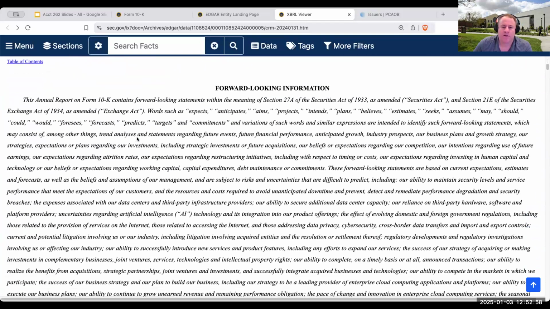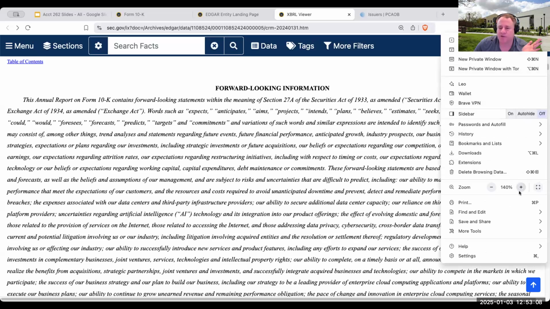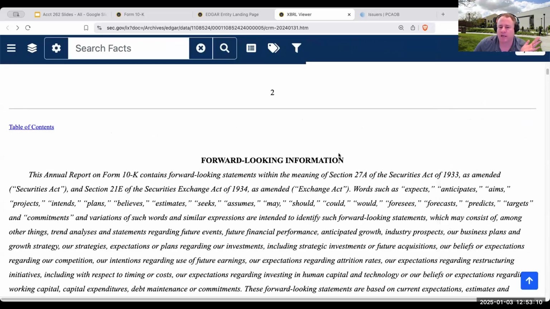The first thing they're going to do in a 10-K, and this is the attorneys talking, is a nice big disclaimer of forward-looking information. The reason is that when we do our management discussion and analysis, remember, management is preparing these financial statements. The auditors are going through and auditing the numbers.